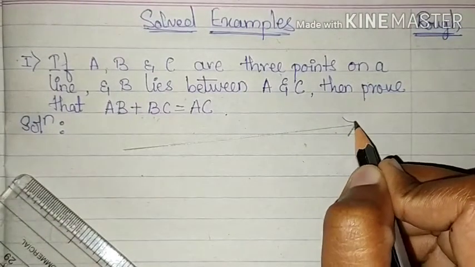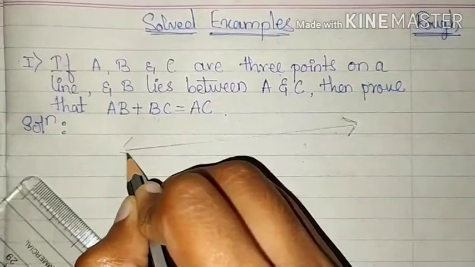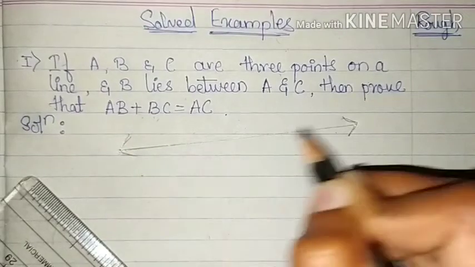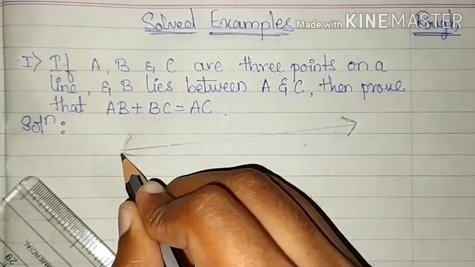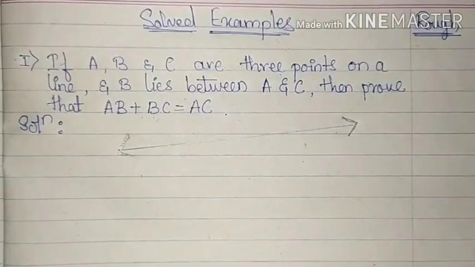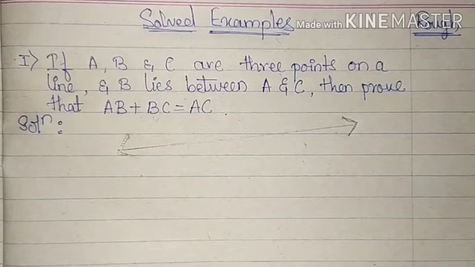For a line, there are always arrows at the end. These arrows represent that the line can be extended indefinitely in both directions. So whenever you draw a line, make sure that you have put the arrow marks at the end.